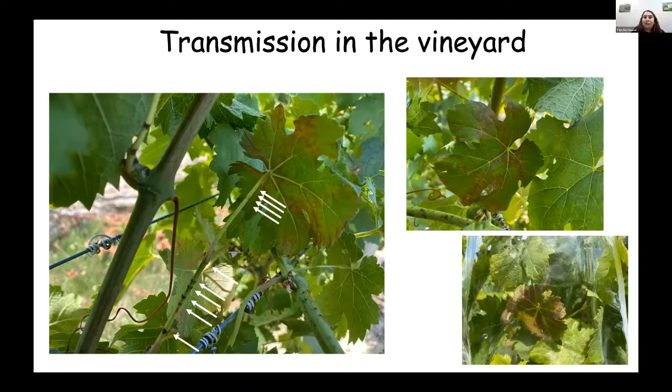Great. The next question is, are all legumes a host for GRBV, or are there any other plants? So the short answer is no. I'm using snap beans just as a model host in the lab.